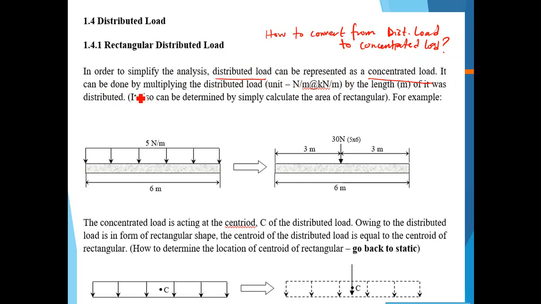It can be done by multiplying the distributed load by the length in meters. You just multiply the magnitude of the distributed load by the length over which it is distributed. It can also be determined by simply calculating the area of the rectangle.